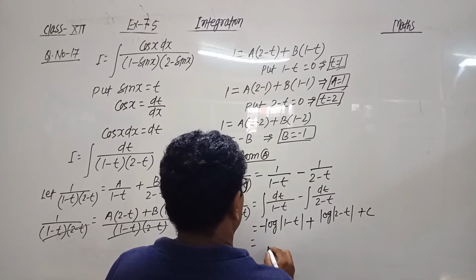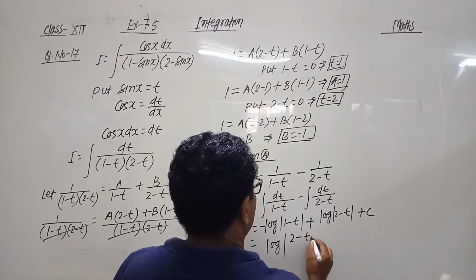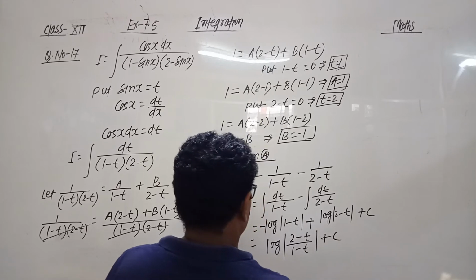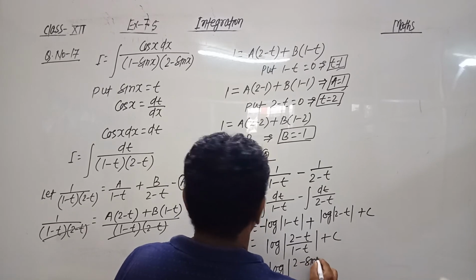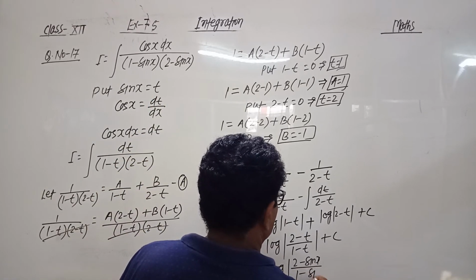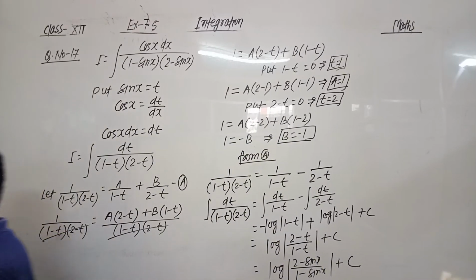And log a minus log b is written as log a by b, plus c. Now put the value of t. The value of t was sin x. So this is the final result: log of 2 minus sin x upon 1 minus sin x plus c.